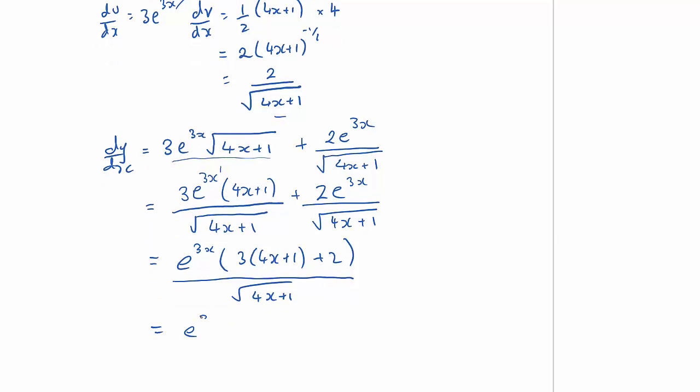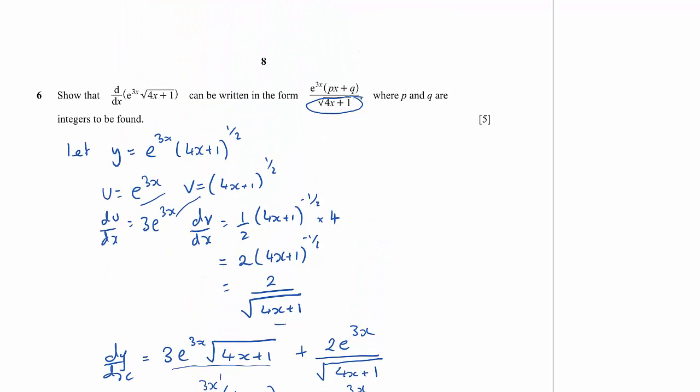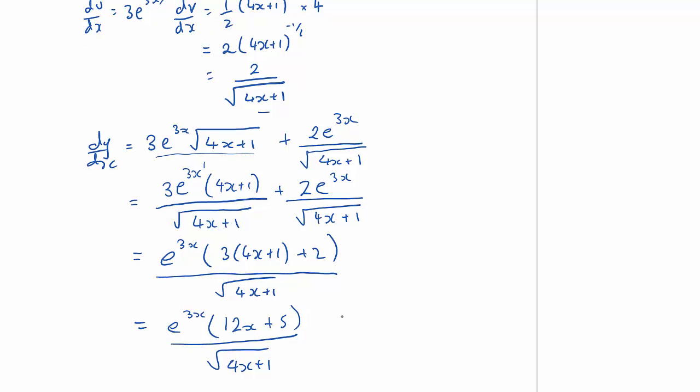So that's e to the 3x into 12x plus 3 plus 2, which is plus 5, over the square root of 4x plus 1. So going up to the top here, we can see the values of p and q. We can see that p is equal to 12 and q is equal to 5.